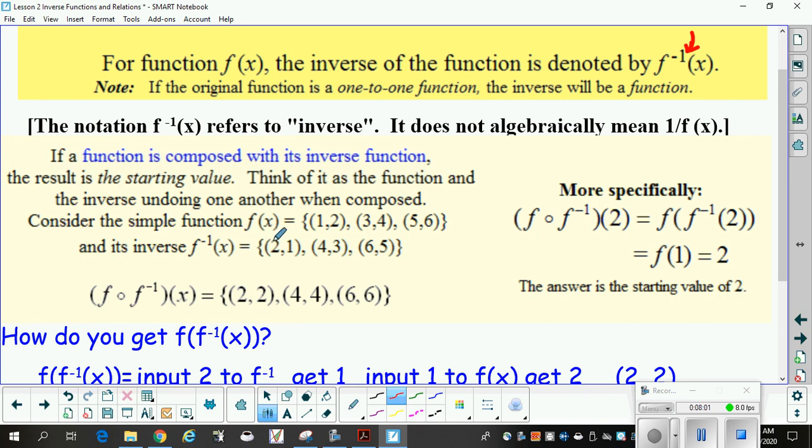What is the output? It is 1. So this right here is equal to 1. What is f of 1? I come back up here. F of 1 is 2. And 2 was my original input. So notice you get back what you started with.